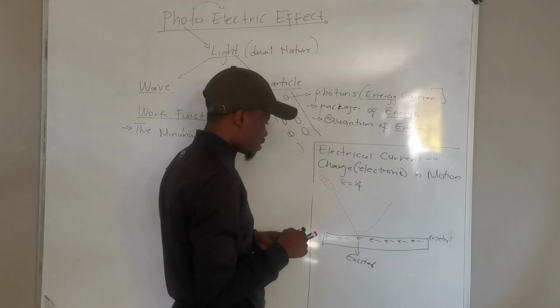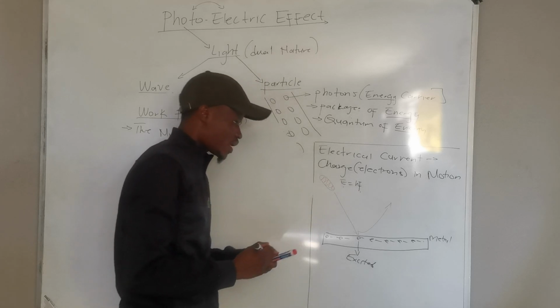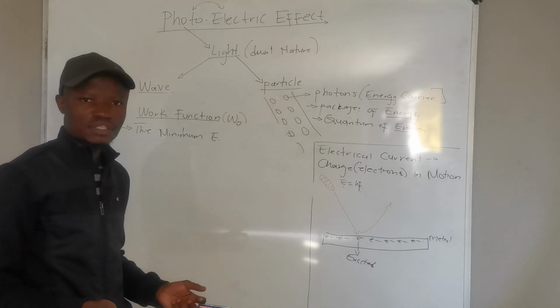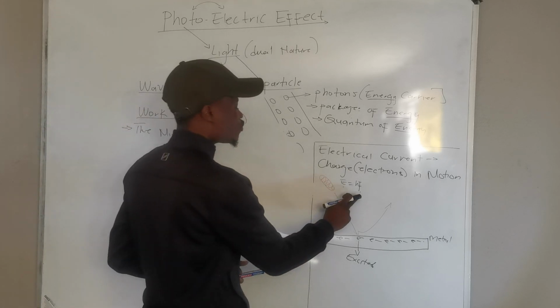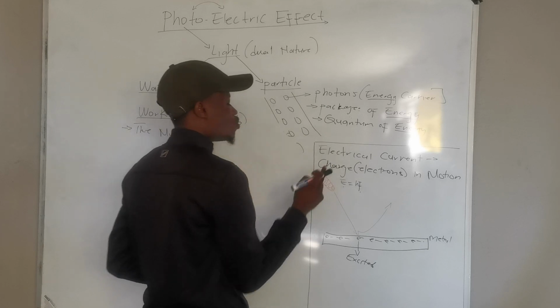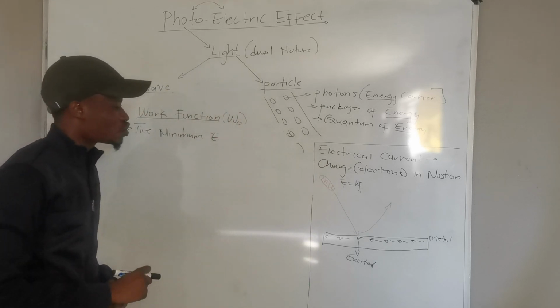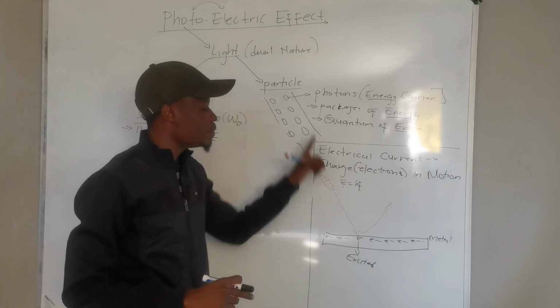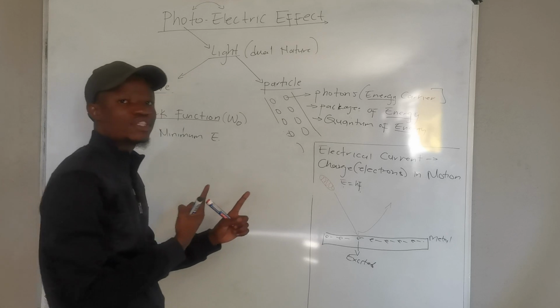Okay. Now, let us get to something here. We know that the energy of a photon is actually dependent on the frequency, isn't it? The higher the frequency, the higher the energy. The lower the frequency, the lower the energy. Are we together there, guys? So, if there is a minimum energy that is required, there must be a minimum frequency.